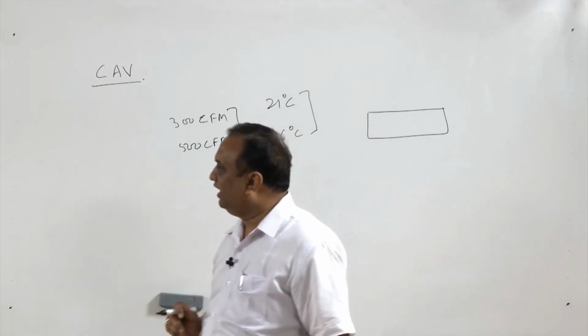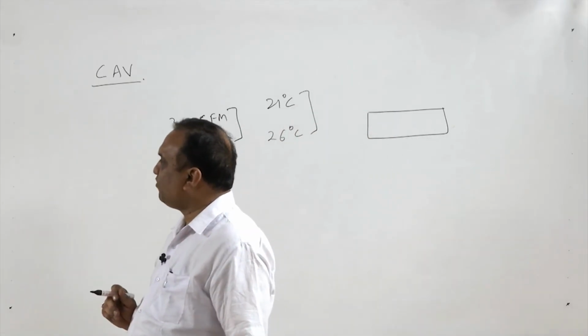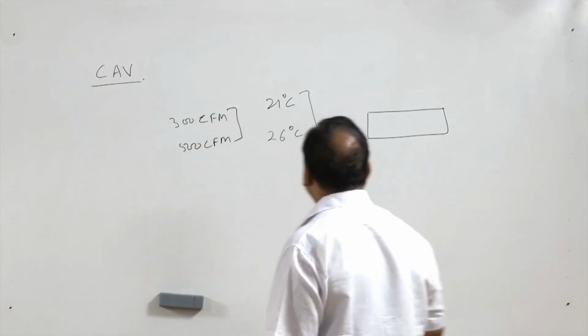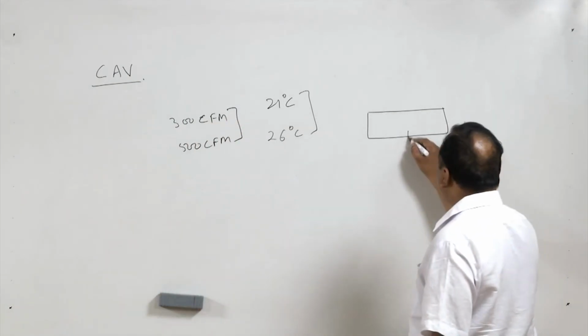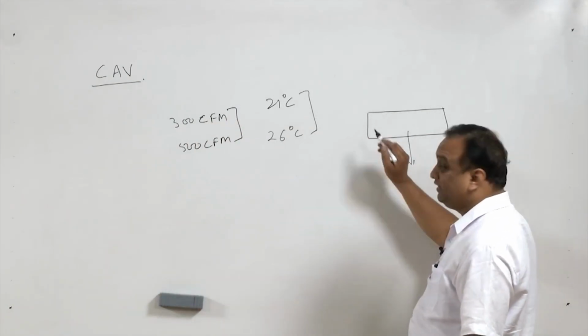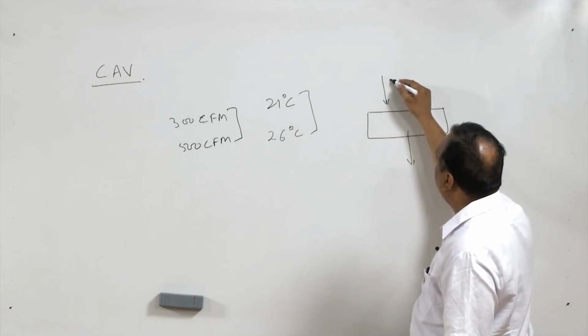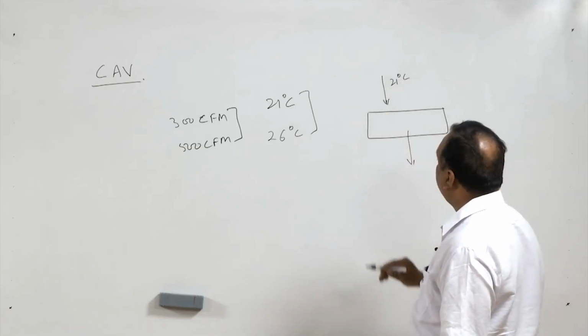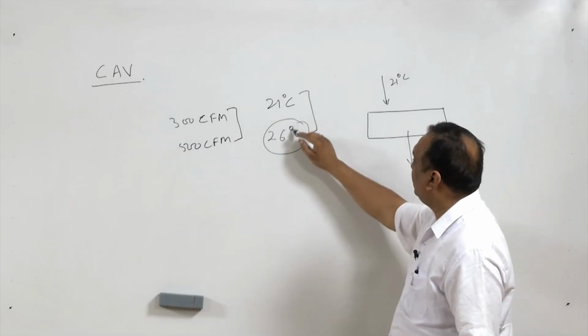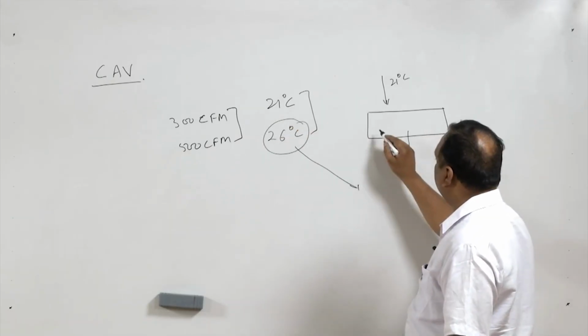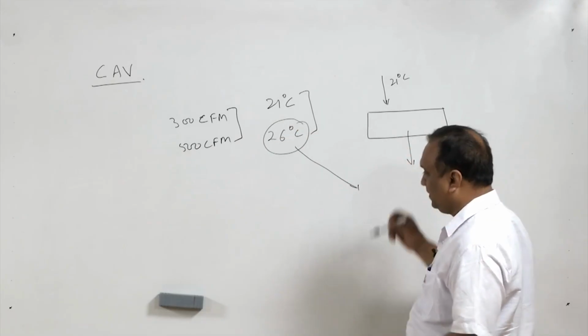So, in a terminal reheat system, at the point of supply of air, heating of air takes place. So, cold air may be entering from this side at 21 degrees centigrade, but in the zone where 26 degrees centigrade temperature is required, the heating of air is done.